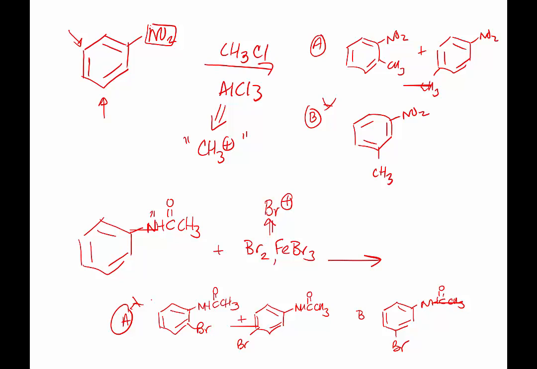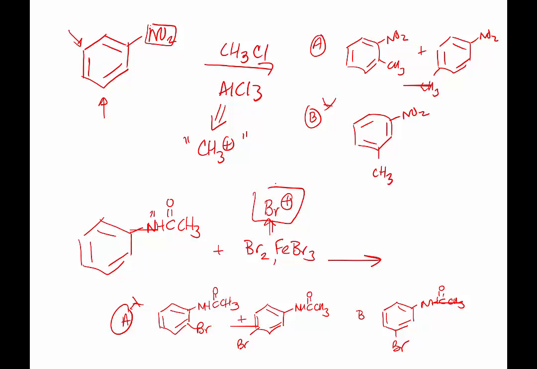Okay. So my steps are, first thing I need to know is what's my electrophile. So I can go back to all the electrophiles that we've learned: Friedel-Crafts alkylation, Friedel-Crafts acylation, bromination, chlorination, sulfonation, all of those.